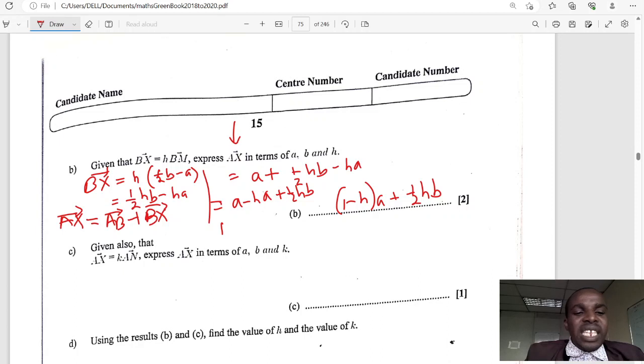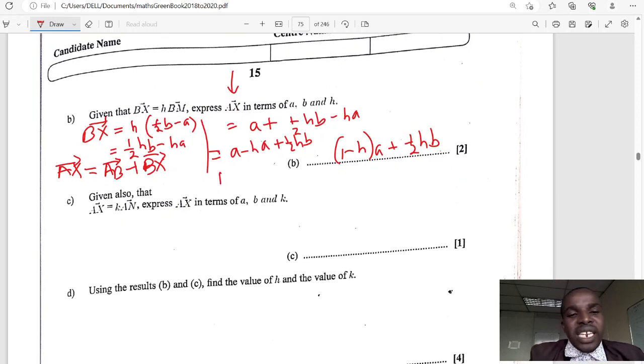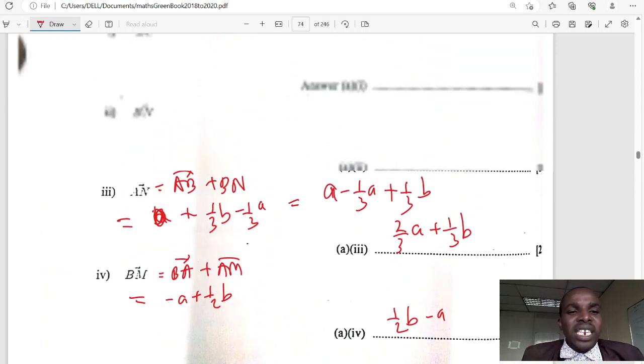Then next, given also that AX is equal to K AN, express AX in terms of AB and K. You write AX is equal to K, then you open bracket and put AN inside this bracket. What is your AN? Did we make AN?